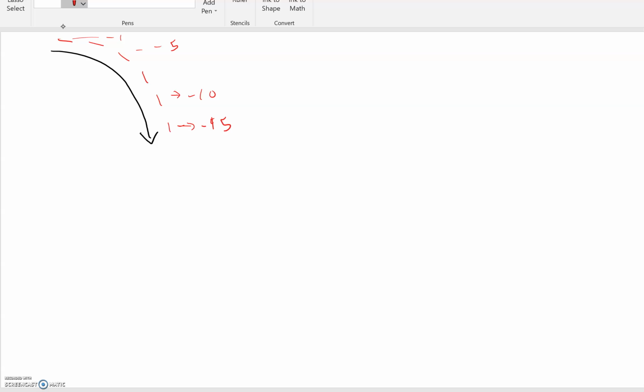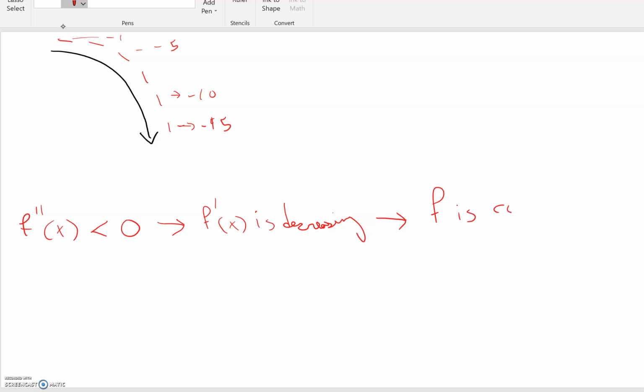So the idea, just like we did over here, if the second derivative is less than 0, that implies that the first derivative is decreasing, which in turn implies that the function is concave down.